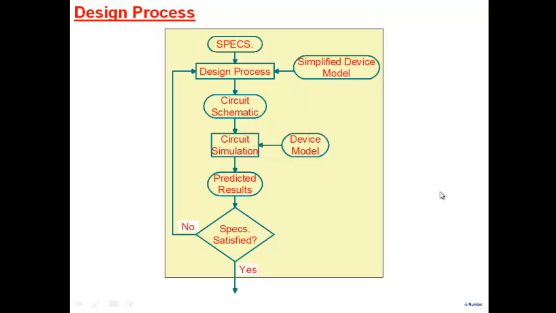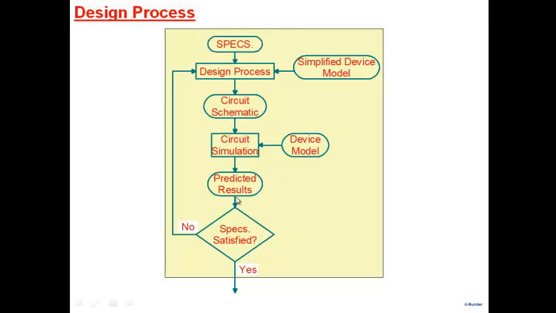All right, this was a part of a slide that I had shown in the last lecture, which is a simplified view of how design proceeds. As I said, design starts with a set of specifications, and then you go through the design process, typically using simplified device models. After you obtain the circuit schematic, you simulate the circuit using more accurate models, which allows you to check whether your circuit, when you build it, would satisfy the specs or not.